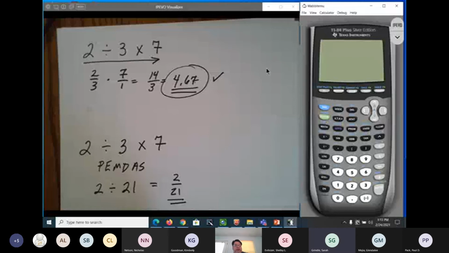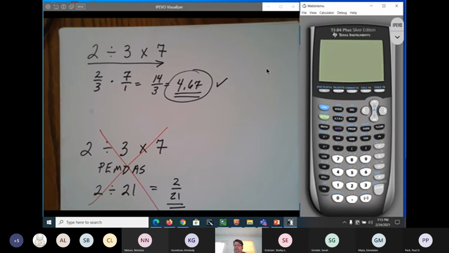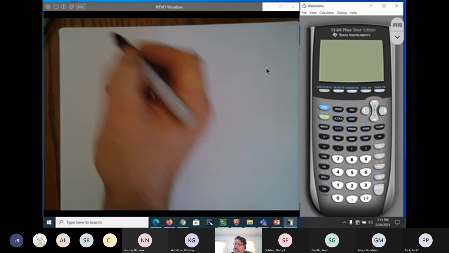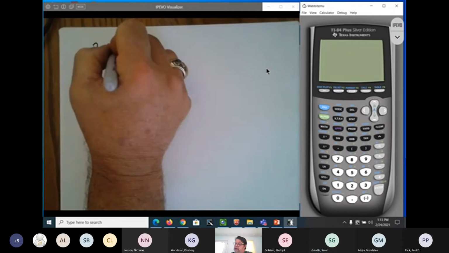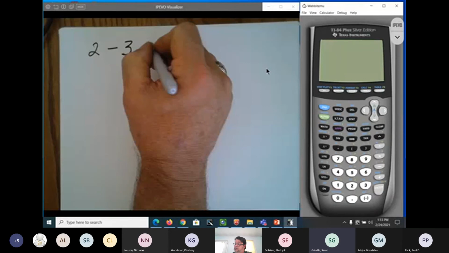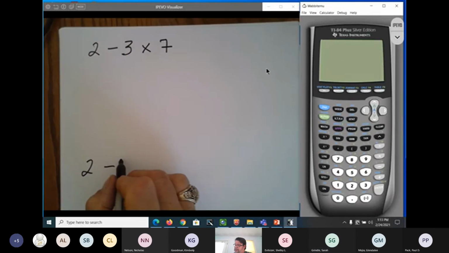Please excuse my dear Aunt Sally is used when you have one like this: 2 minus 3 times 7. Now here, I'm going to do please excuse my dear Aunt Sally because I have cousins.